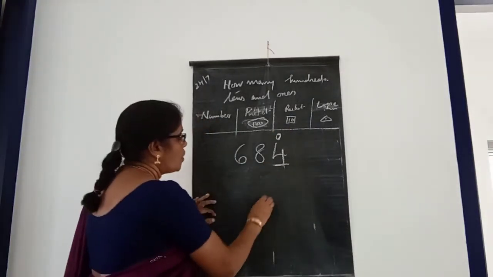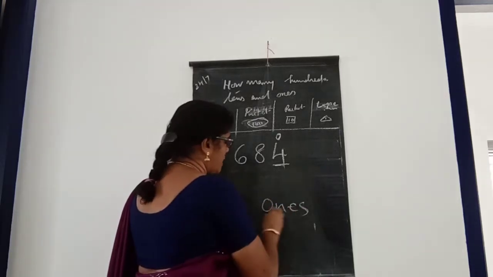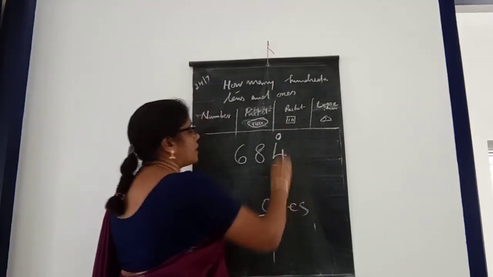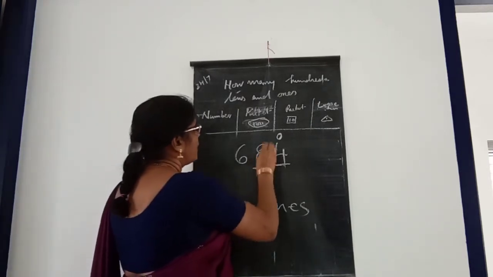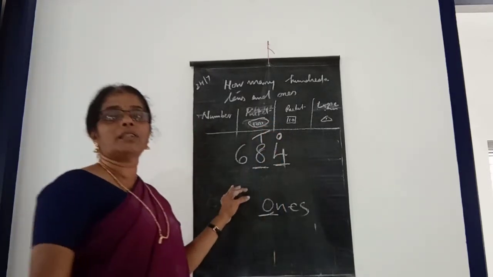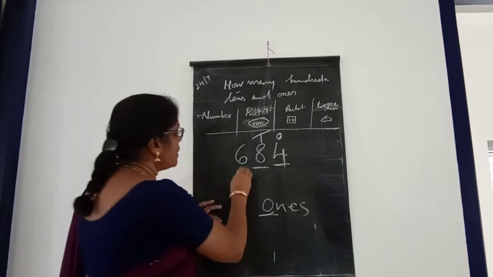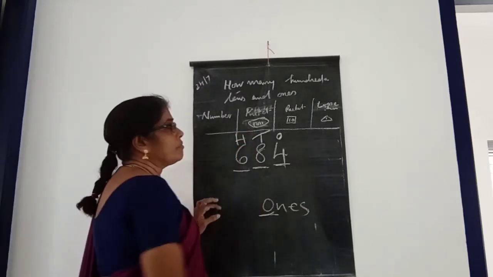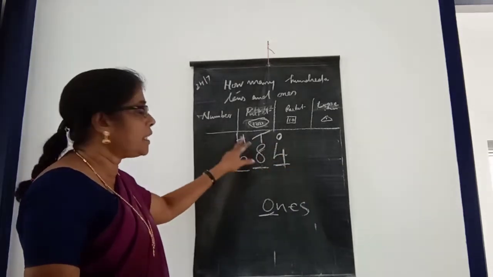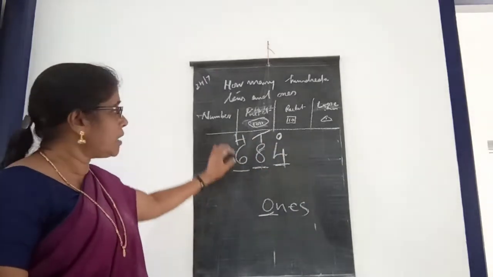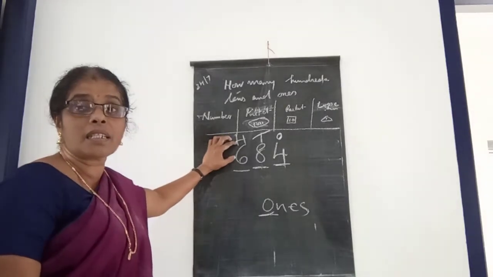And this one is the place of tens, and this one is the place of hundreds. Look here: ones place, tens place, hundreds place. This one is the hundreds place, isn't it?